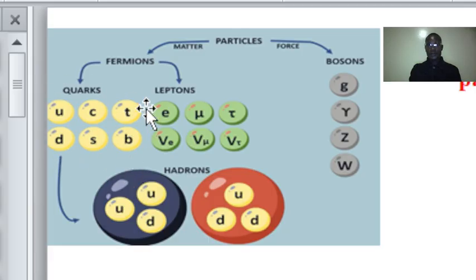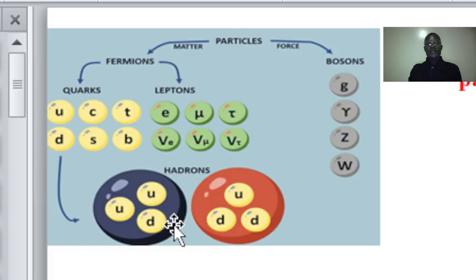In the leptons, we have the electron, the electron neutrino, the muon, and the tau. The discussion of these is not the basis of what we are discussing now, but they will be of obvious importance when we start discussing our advanced module, that is nuclear medicine.